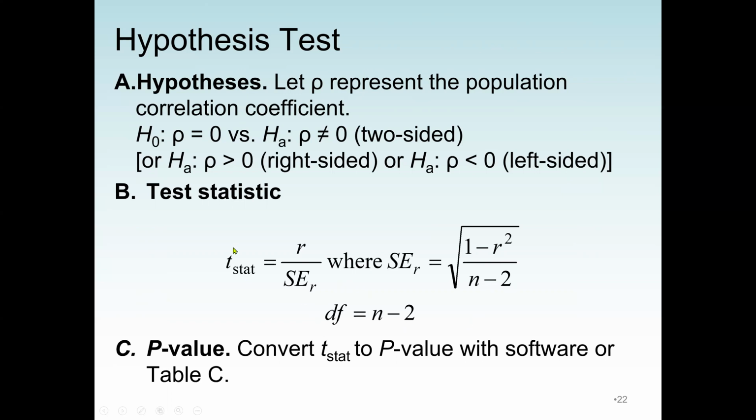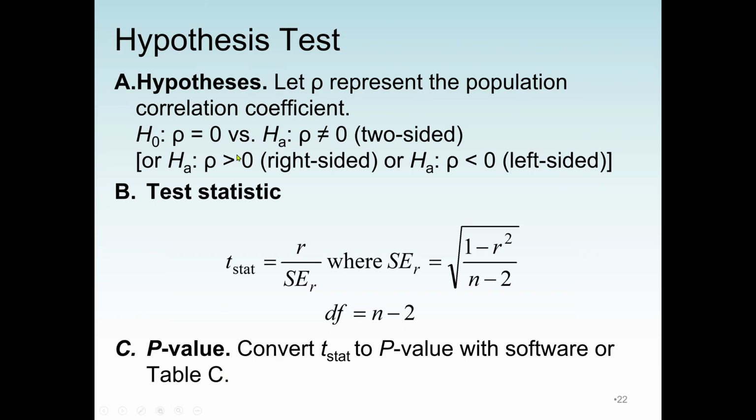Now, to use the T table, we need to find the degrees of freedom. That will take us to the row. After we know the degrees of freedom and the t-stat, we can go to the T table and find the p-value. We find the p-value either using software or a table. It's called a T table.